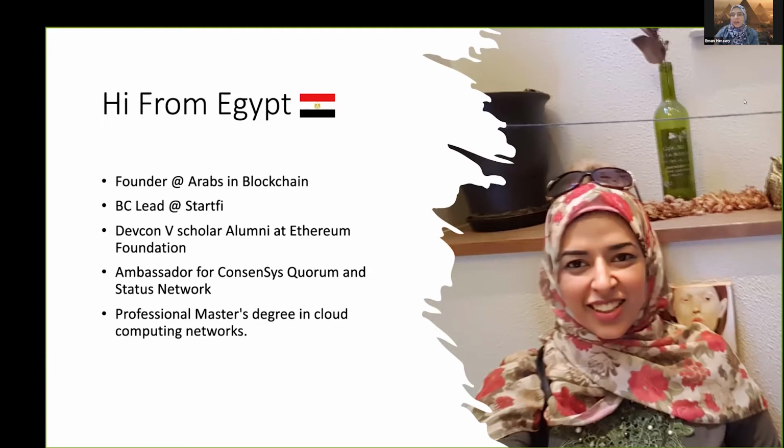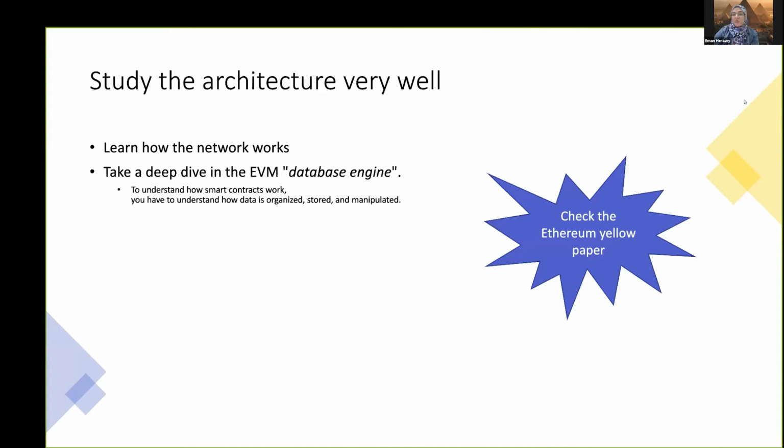So I will jump directly into the topic. The main points to consider if you are developing smart contracts or if you want to be a smart contract developer. So first of all, you need to know the architecture very well. You need to study it very well. So you need to know how the network works, and you need to deep dive in the EVM, Ethereum Virtual Machine.